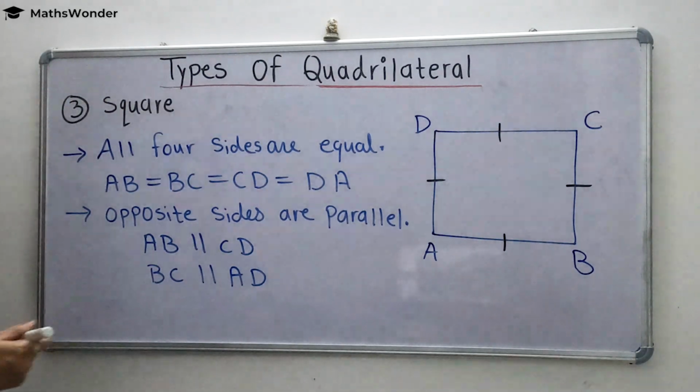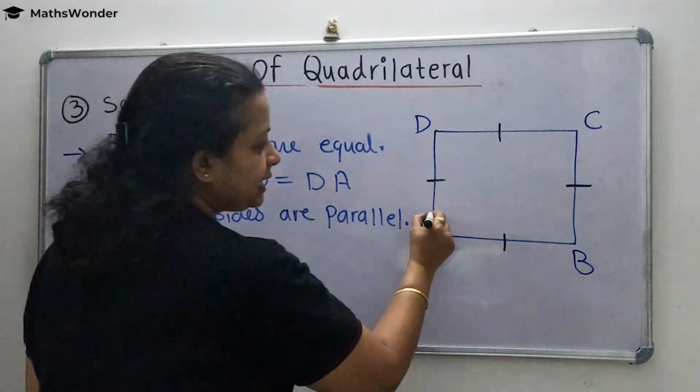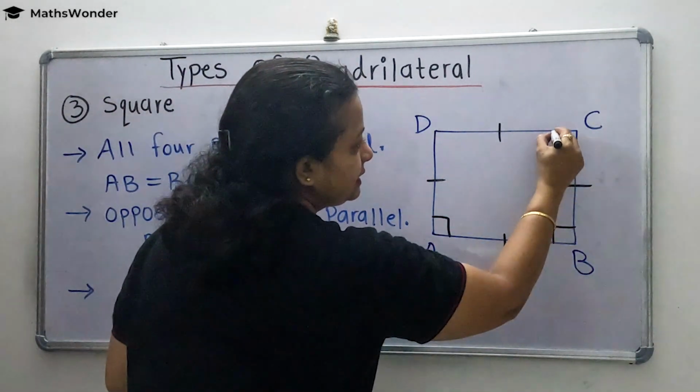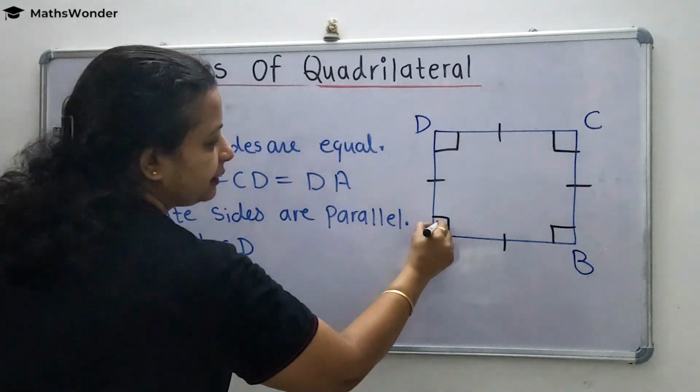Now the third property is each angle is 90 degrees.